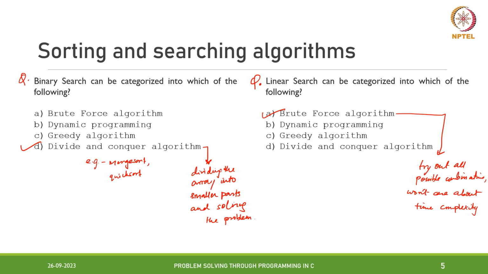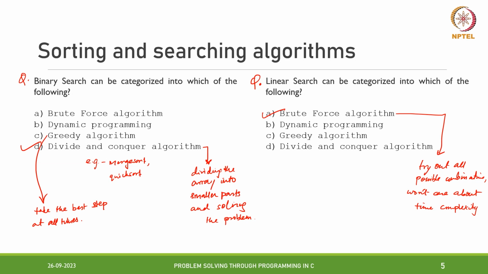And another we have is the greedy algorithm. What does it mean that it's a greedy algorithm? A greedy algorithm basically means that it will take the best step at all times. It wants to take the most optimal step in every step.